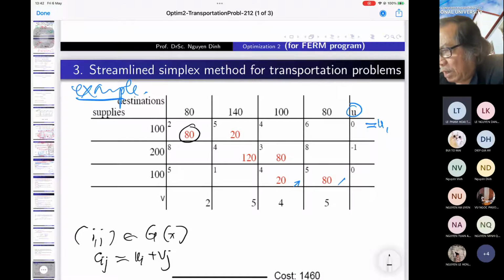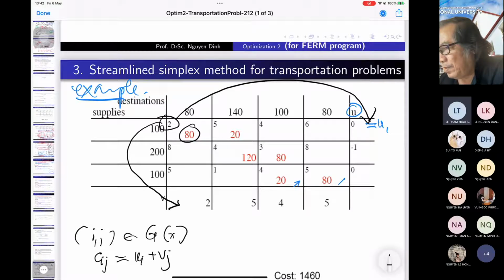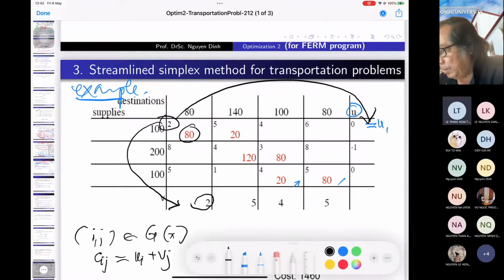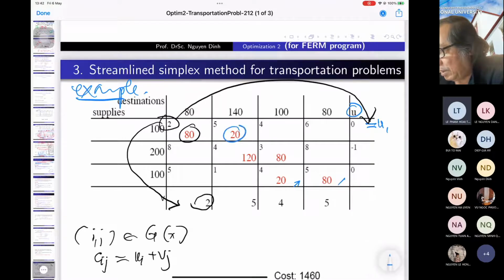The Cij is 2, which equals u1 plus v1. So v1 must be 2. And for the number 20 here, that is 5, which equals 0 plus 5.